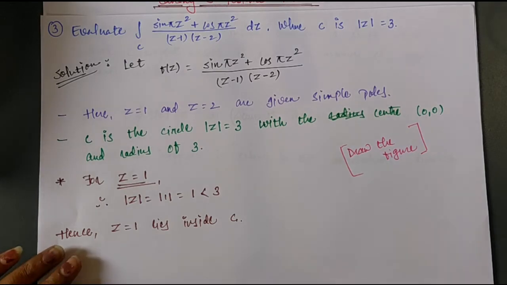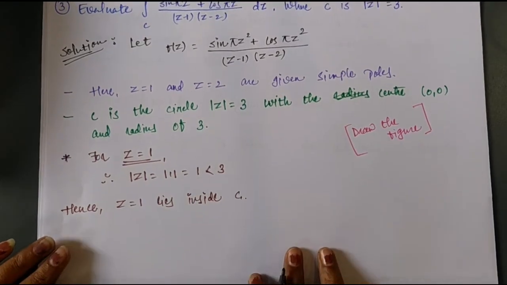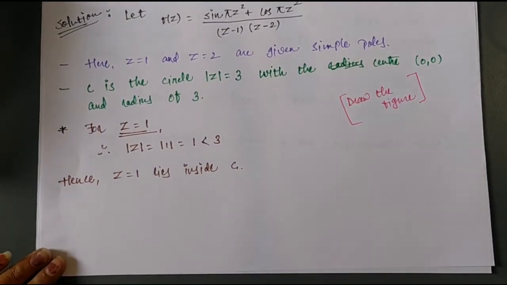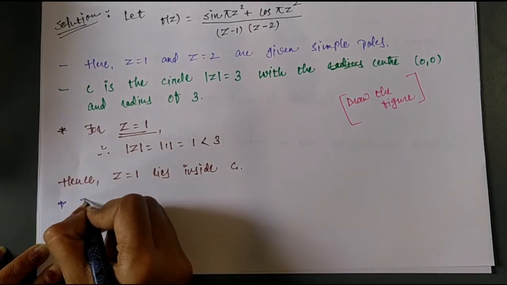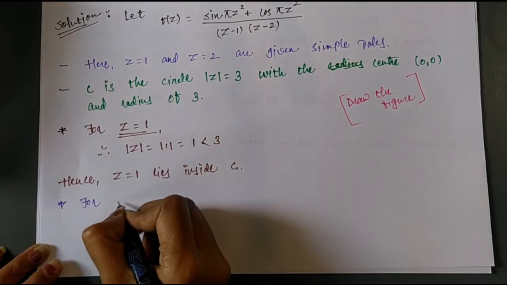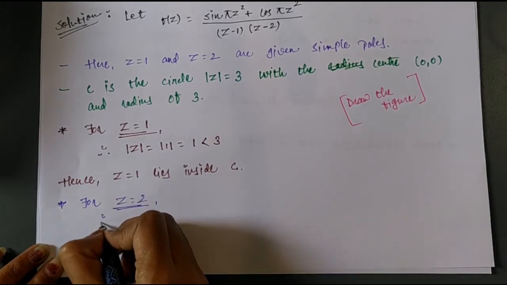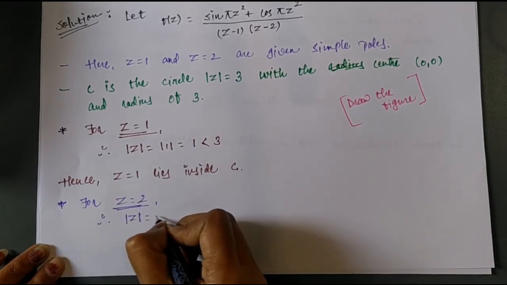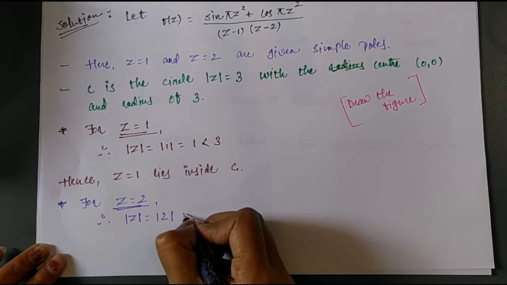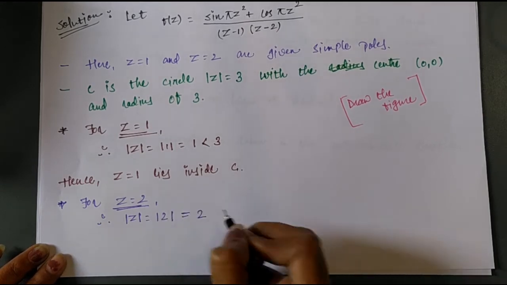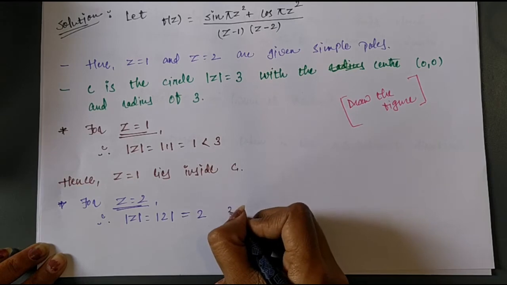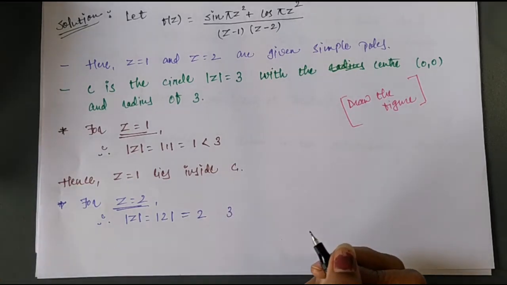Now the same procedure you have to do for the other one, and this will be for the next point, and the point is z equals 2, right? So therefore |z| = |2|, and writing without mod it will be 2 only, and you have to compare it with its radius, and the radius is 3.